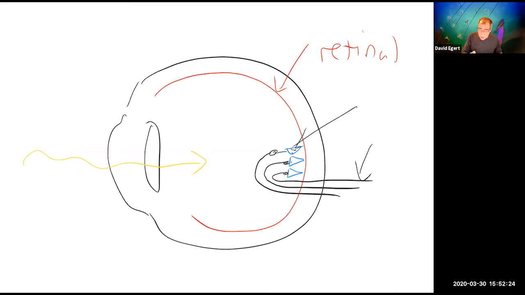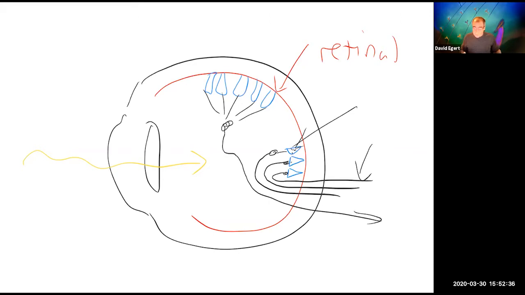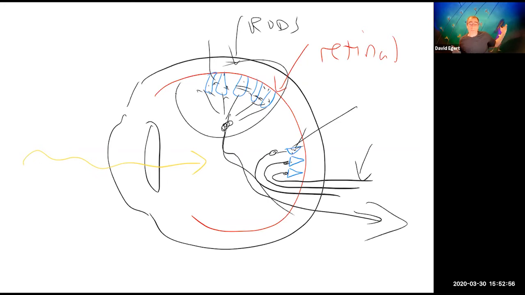When you're looking at rods, which are more on the periphery, you tend to have a lot of convergence, lots of rods coming together to become one signal going out, which is why you don't have spatial resolution. You can't tell exactly where the light is falling, but because it's integrating across many rods, you can have a much dimmer light and still have a large enough signal to say, oh, there's at least something there.